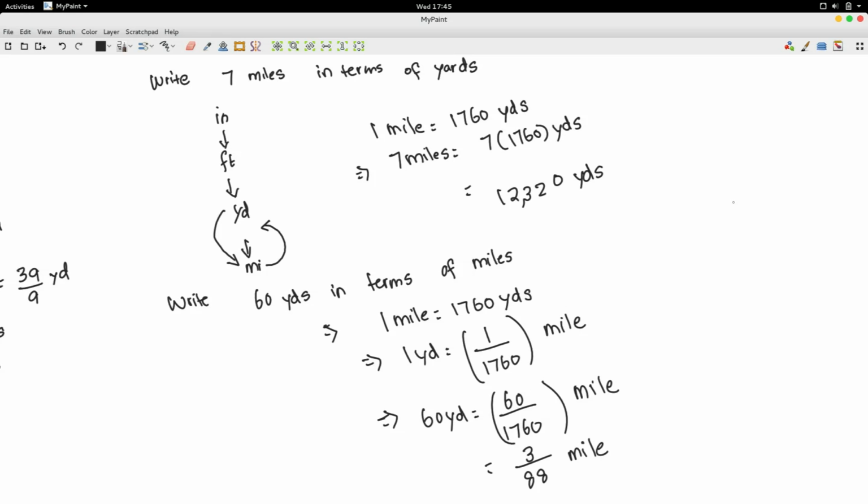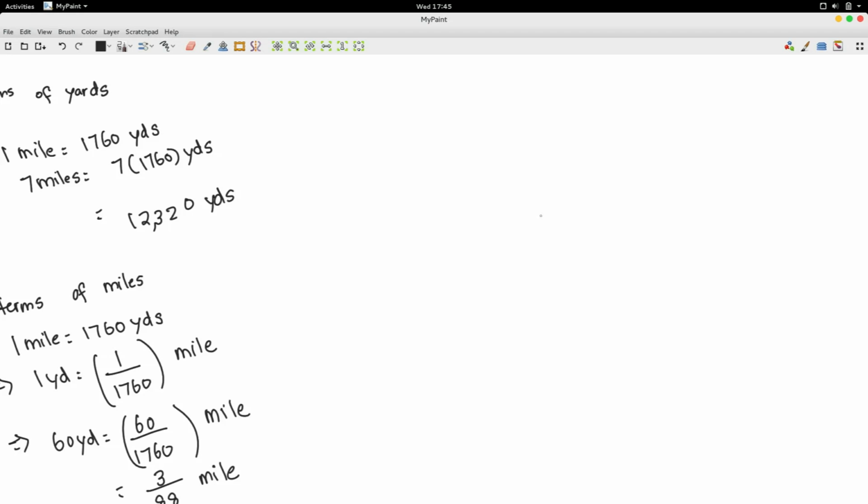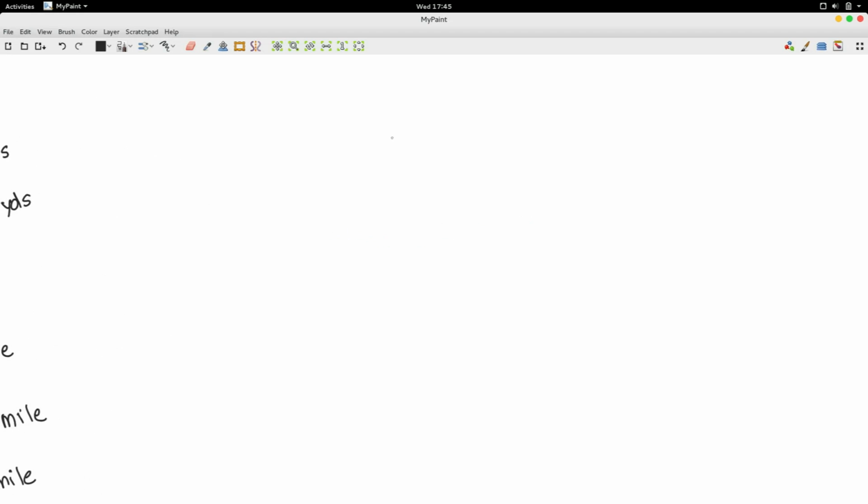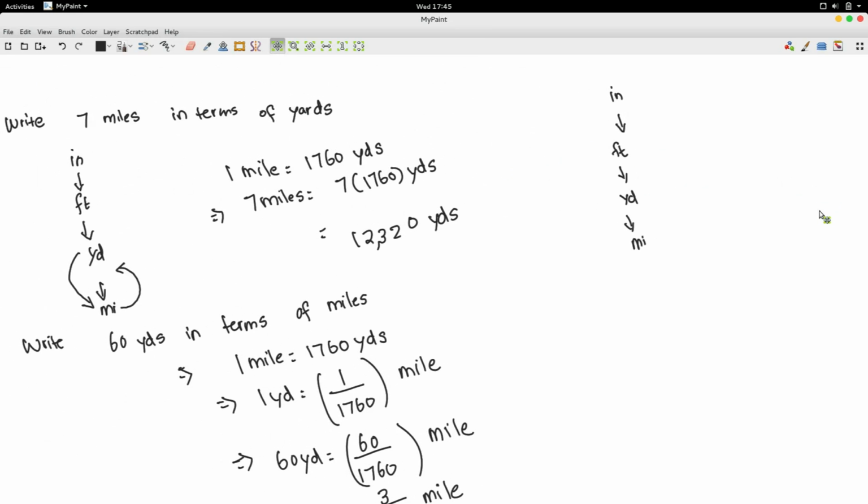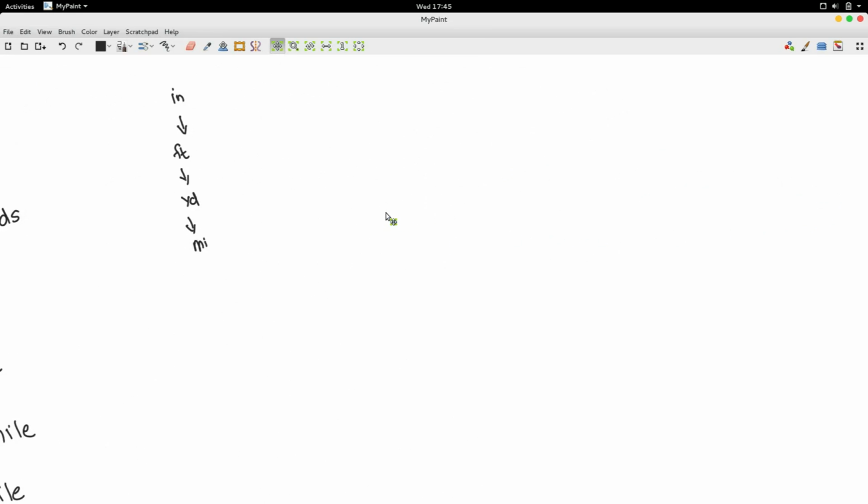So I could summarize this in this manner. Let's see, we're going from inch to feet to yards to miles. Now, these are backward calculations, but for forward calculations we will have to use this. 1 inch would be equal to 1 over 12 of a foot.